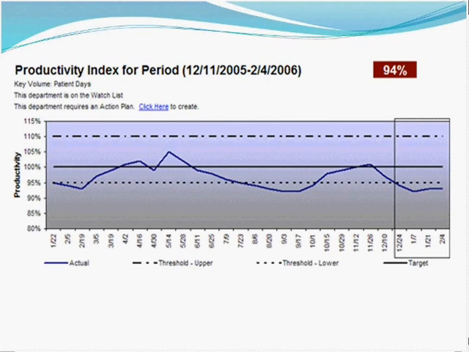In other words, they had learned to balance staffing so that they could keep their productivity in the good zone, as is indicated on this slide.